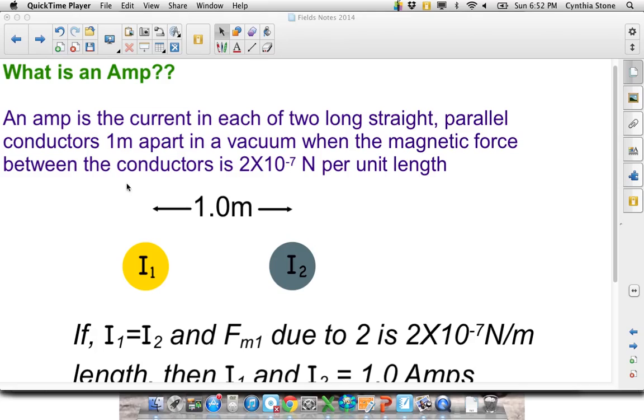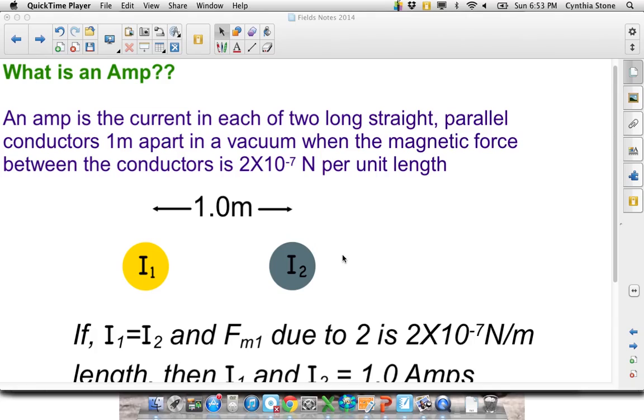The definition of an amp is that if you had those conductors in a vacuum, which really means the permeability of free space, the mu naught, is what it is. We assume it to be what it is in air, but that's a bit of an approximation in air. It's true for a vacuum.